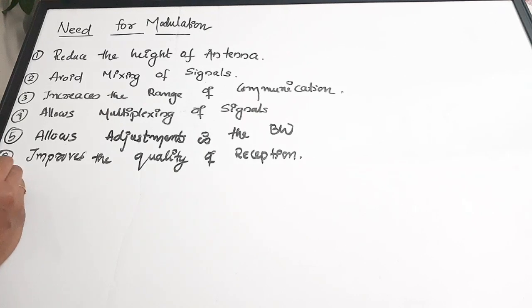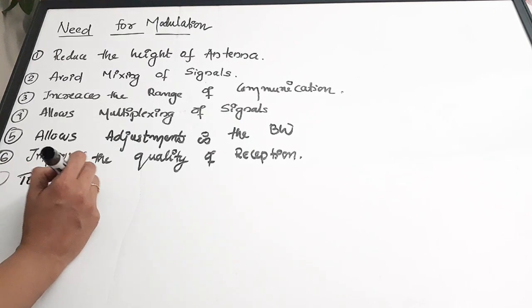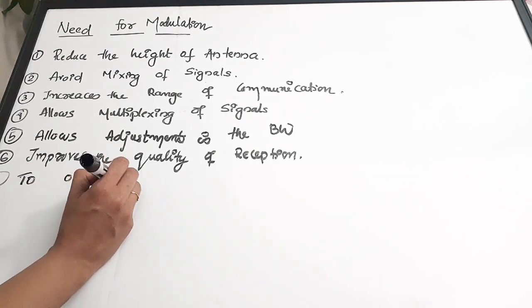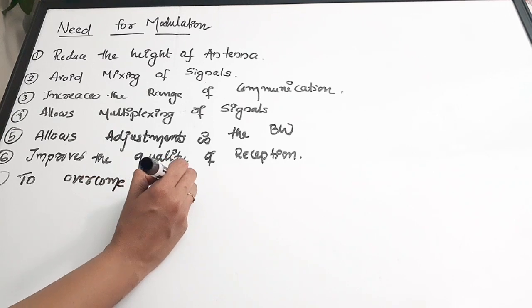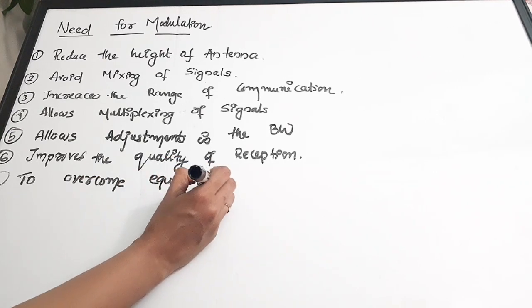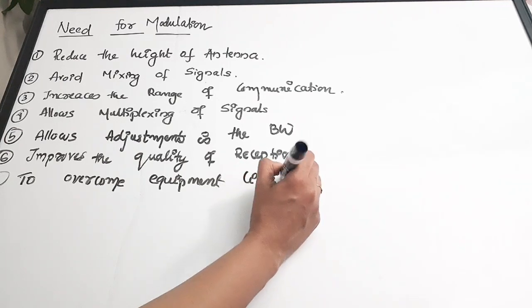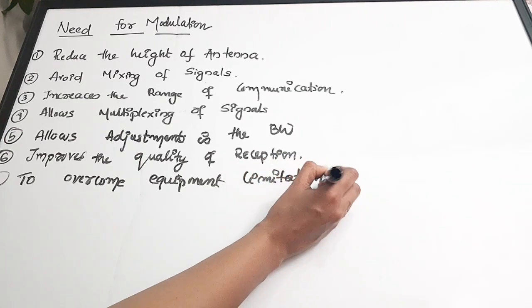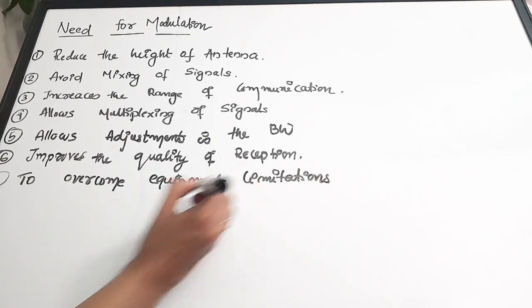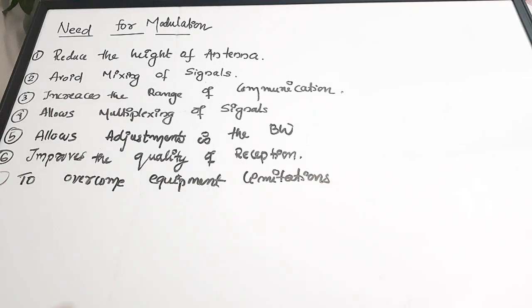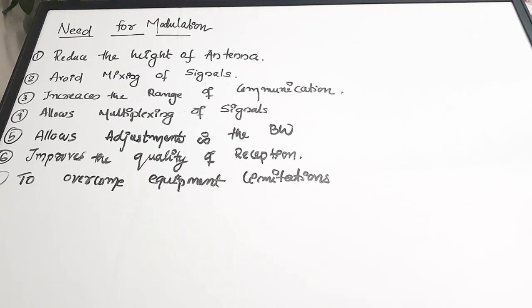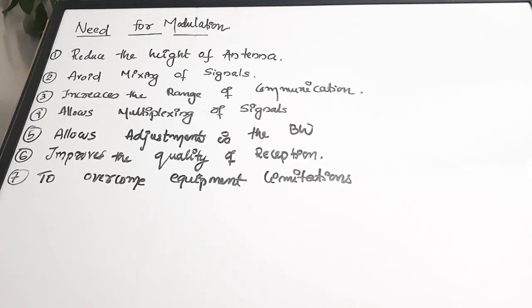Then the seventh one is to overcome equipment limitations. So when we are using lower frequency signals, we have to have receivers which are able to receive the lower frequencies, right?